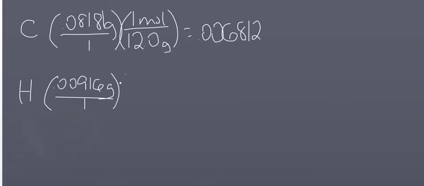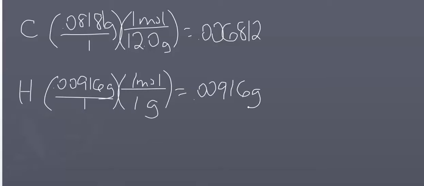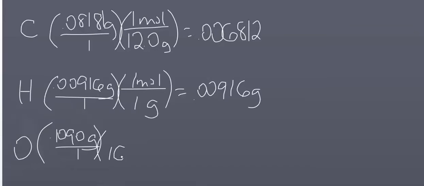Now the molar mass of hydrogen is just 1 gram per mole, so the number does not change. And for oxygen, since there are 3 elements in this compound, the molar mass of oxygen is 16.